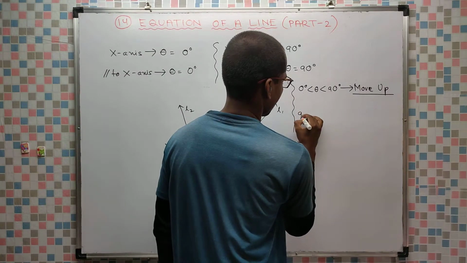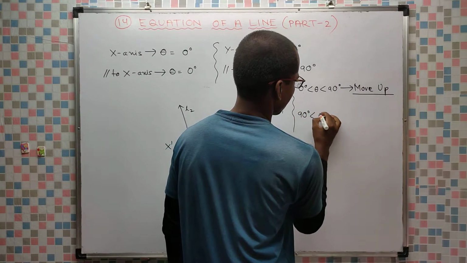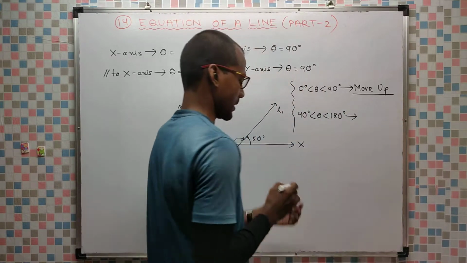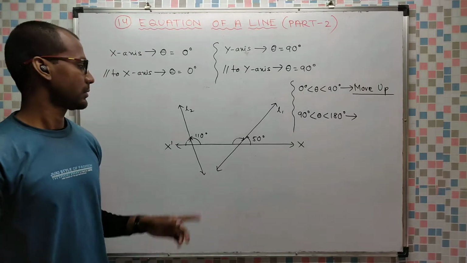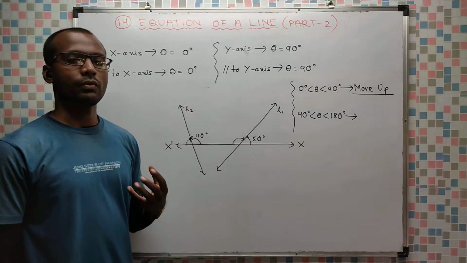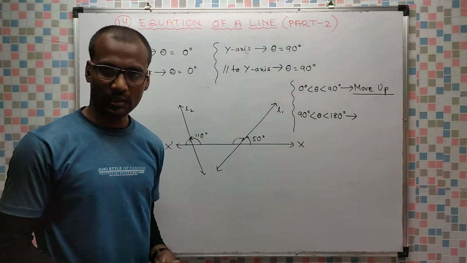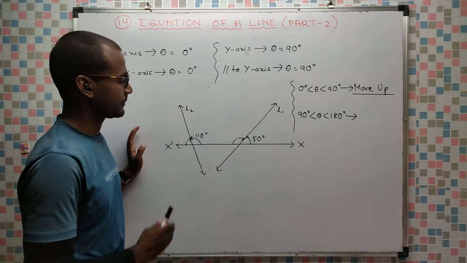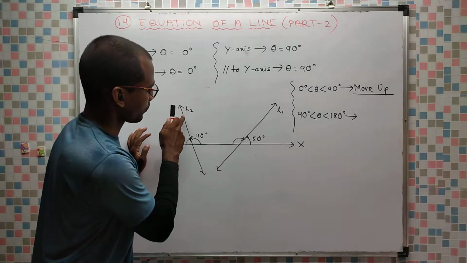Next, we can have angle of inclination in between 90 and 180, like this line. This line has an angle of inclination 110 degree which is in between 90 and 180. So if you move along this line from left to right, you have to move down.